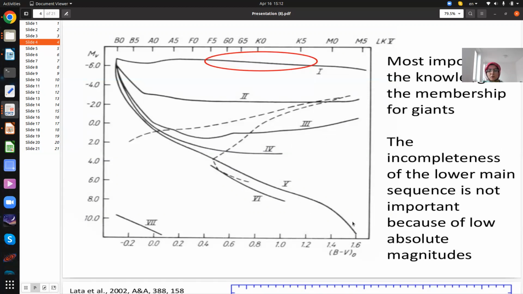So for this diagram, it's not important for us. Mostly giants are important for us. The flux of giants is important in integrated flux or absolute magnitude for flux. We need more giants than these stars here at the bottom.